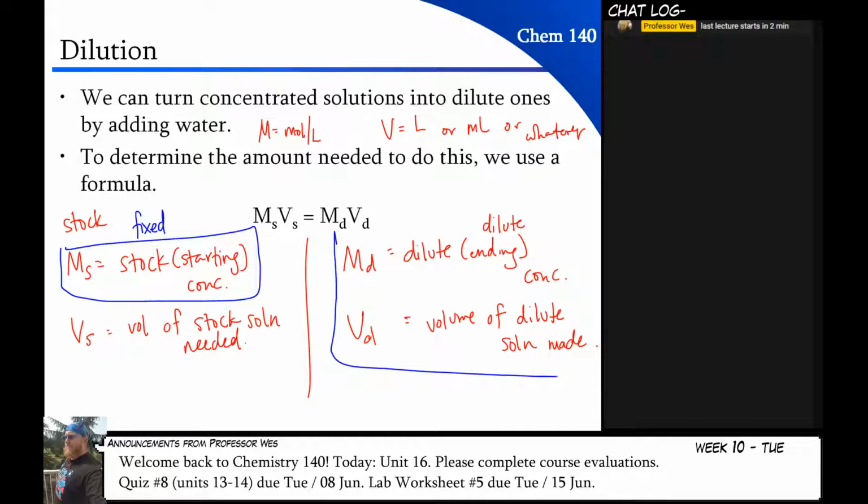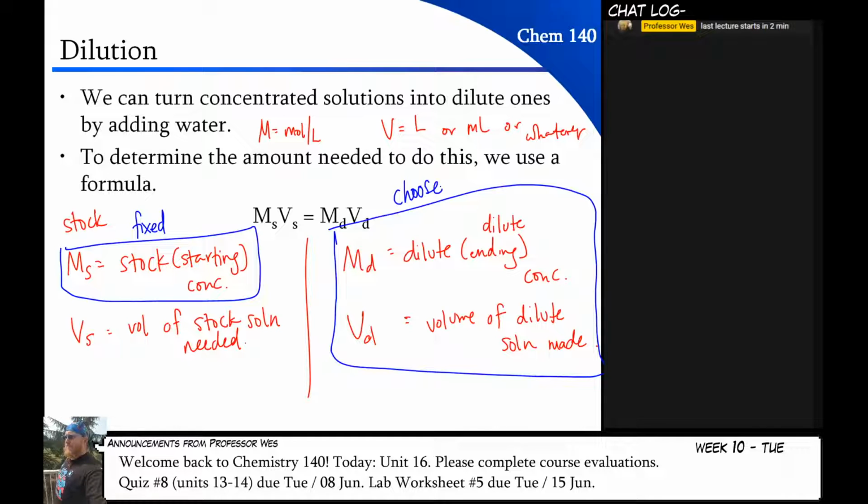These numbers over here, you get to choose. So maybe I want a 1 molar solution, and I need 10 liters of it, because I'm going to make it for all of the students who are going to take Chem 140 this quarter. 10 liters might be enough for everybody to go through.